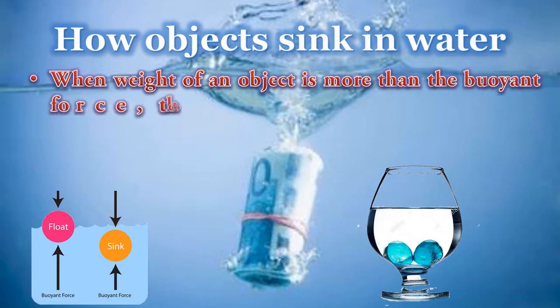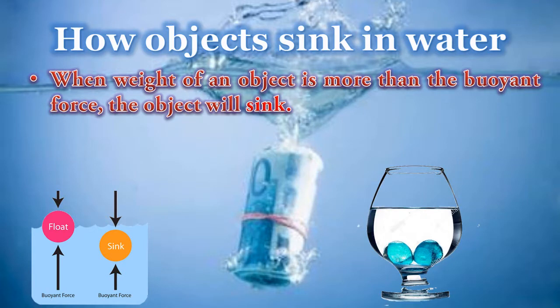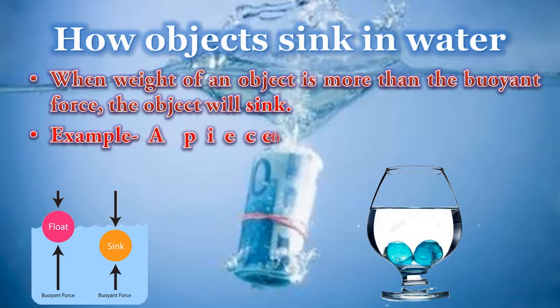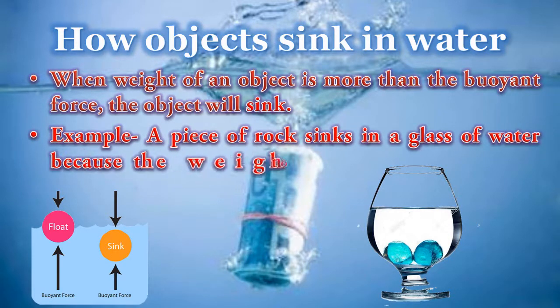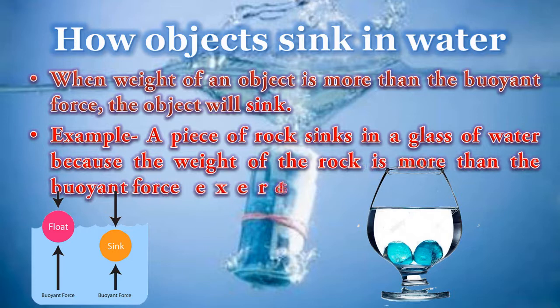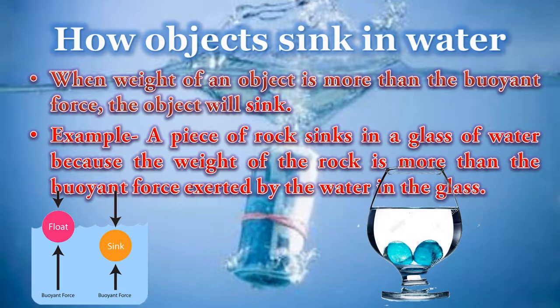When the weight of an object is more than the buoyant force, the object will sink. Example, a piece of rock sinks in a glass of water because the weight of the rock is more than the buoyant force exerted by the water in the glass. Okay?